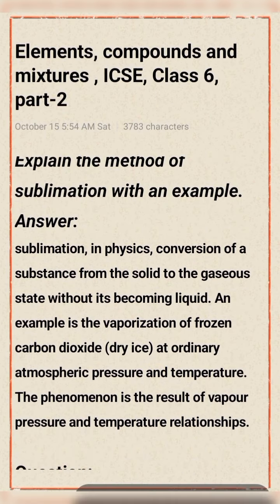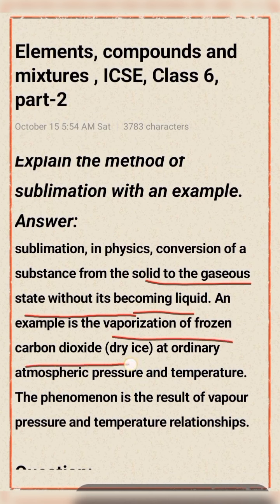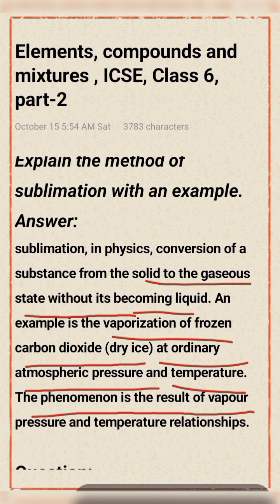Sublimation in physics is the conversion of a substance from the solid to the gaseous state without its becoming liquid. An example is the vaporization of frozen carbon dioxide, that is dry ice, at ordinary atmospheric pressure and temperature. The phenomenon is the result of the vapor pressure and temperature relationship.